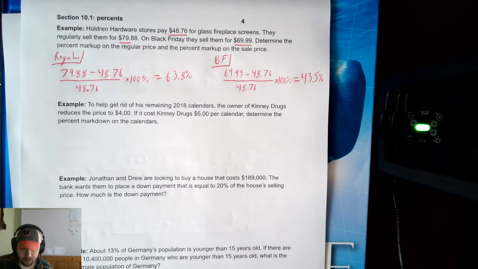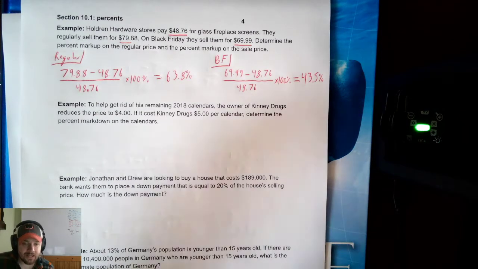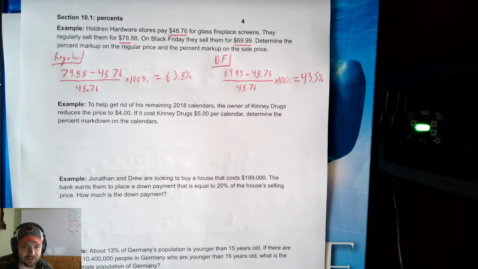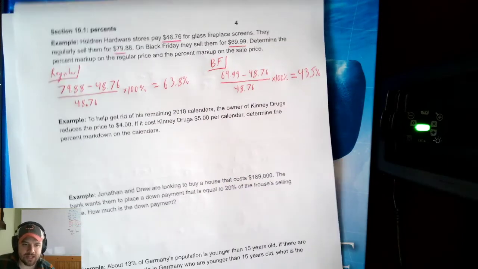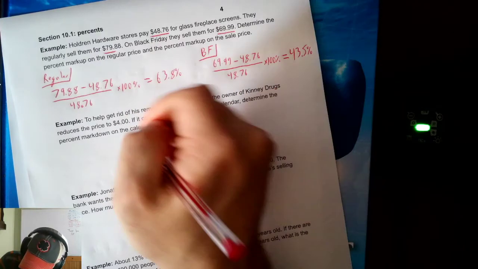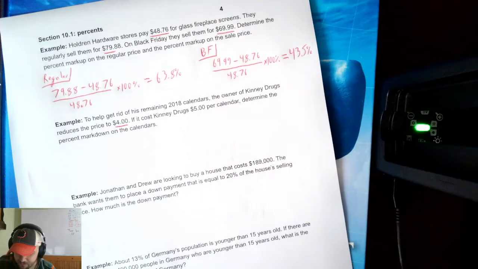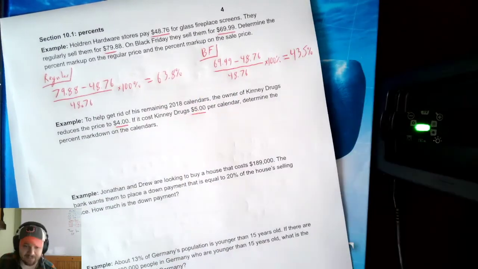How about our next example? To help get rid of his remaining 2018 calendars, the owner of Kinney Drugs reduces the price to $4. If it costs Kinney Drugs $5 per calendar, determine the percent markdown on the calendars. So, he's selling them for $4, but they cost him $5.